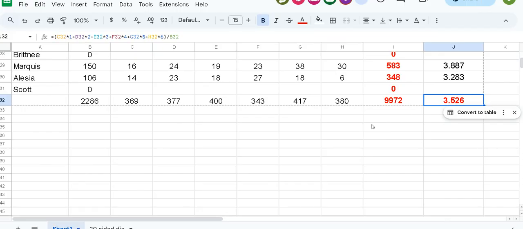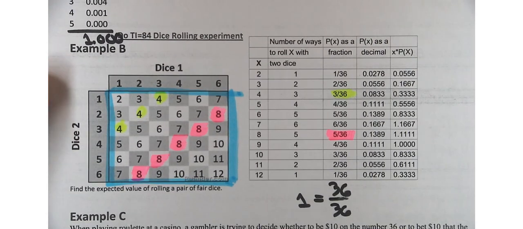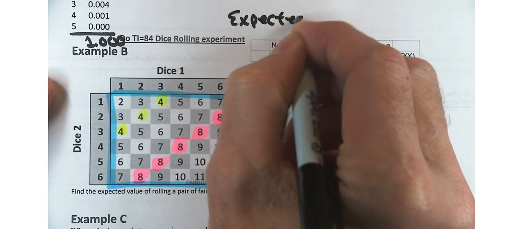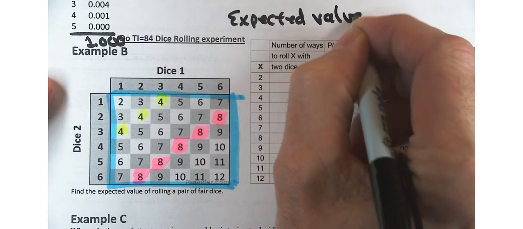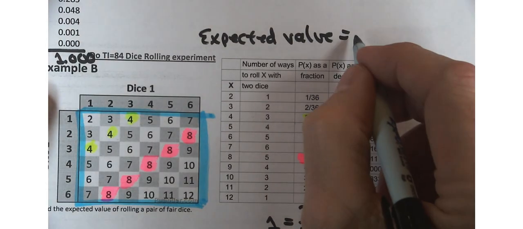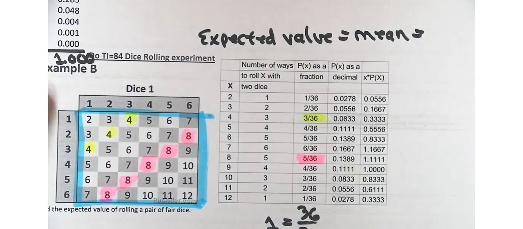Now, this is doing something empirically, that is by experiment. If you wanted a more exact answer for this experiment, we can do what we're going to do here. We're going to calculate something called the expected value. The expected value is interchangeable with, a synonym for, the mean, and we had a symbol for that.